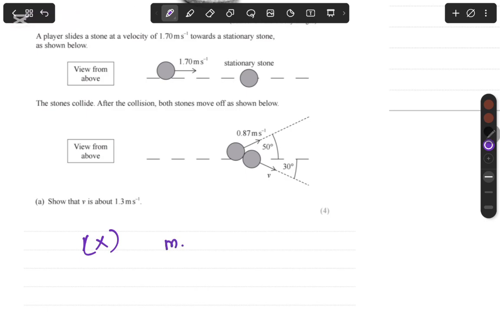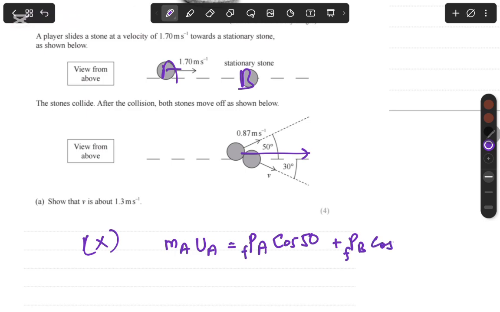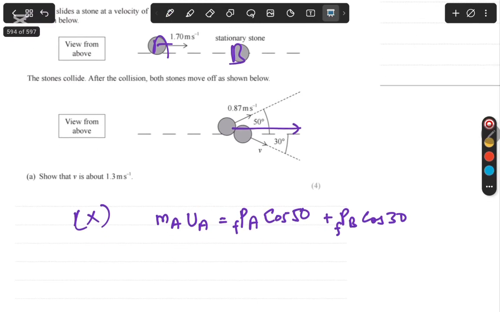So we could have said MA UA is equal to the momentum of A, this is going to be A, this is going to be B, the final momentum, cos 50 plus the momentum of B, cos 30. You could have done it like this and then simplified it, and you could have gotten the correct answer. It's just a bit lengthy. The other one is much easier.